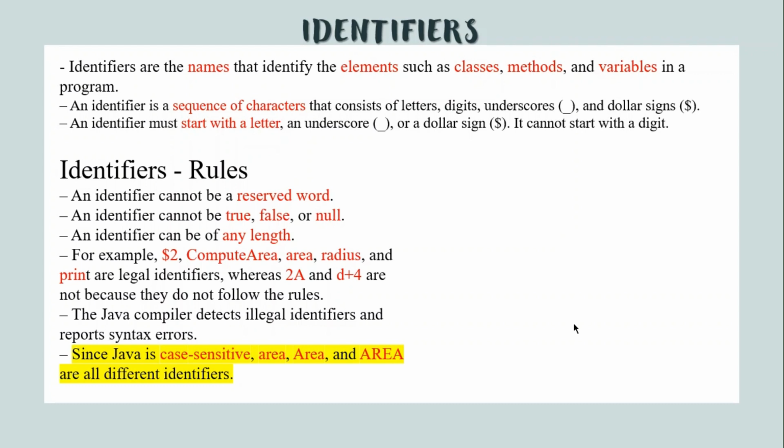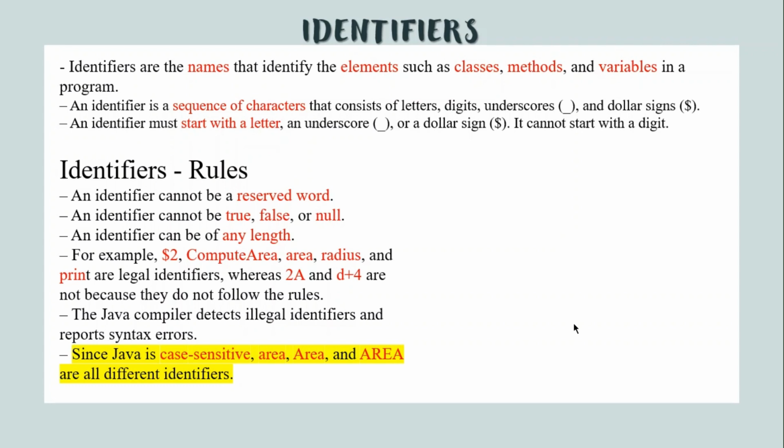Okay. Now let's read about the rules of the identifiers in Java. So an identifier cannot be a reserved word. So what is a reserved word? We used to name them in C++ as keywords. For example, int, this is a keyword or reserved word that is already used for something else.